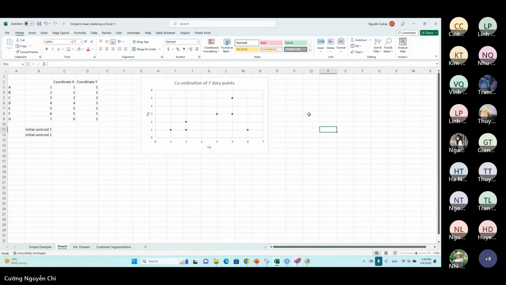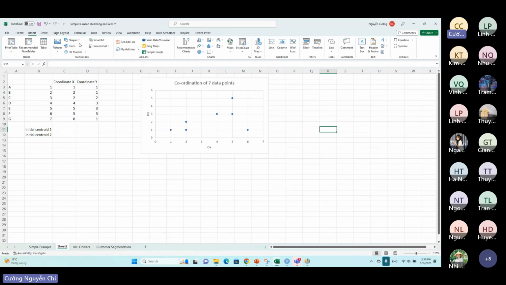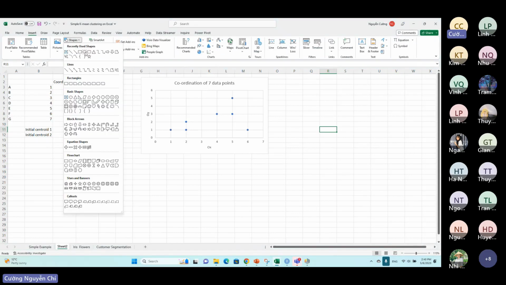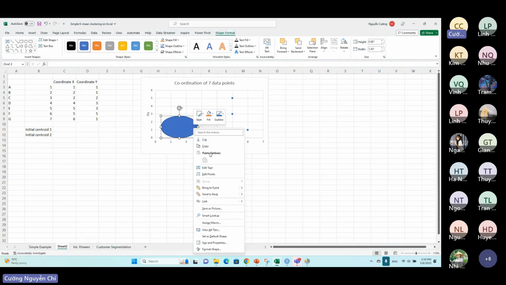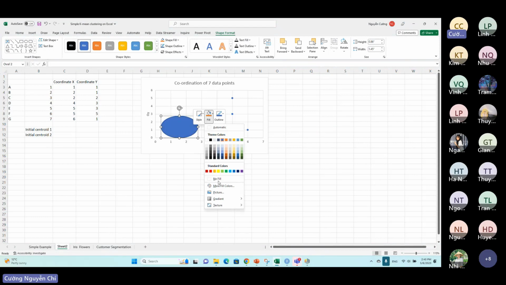Okay. Based on your manual assessment, or by your eye, I can think that it looks like I can create 2 clusters. Maybe this one belongs to the first cluster.